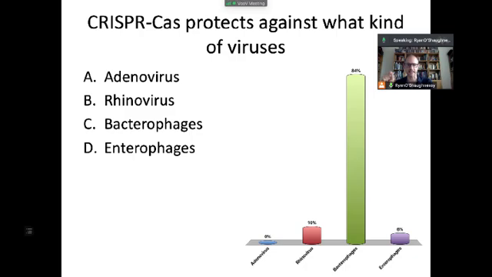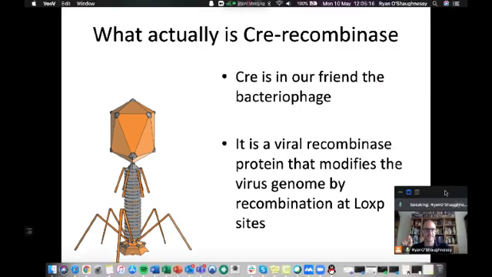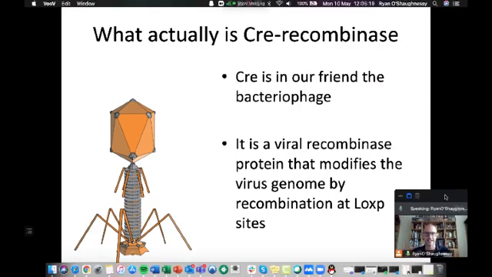Now, why is that important? Well, Cre recombinase is actually an enzyme that the bacteriophage uses to integrate into the bacterial genome, and it modifies the virus genome, allowing it to integrate by recombination at LOX-P sites.